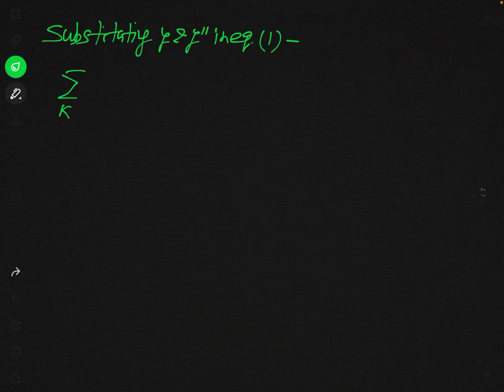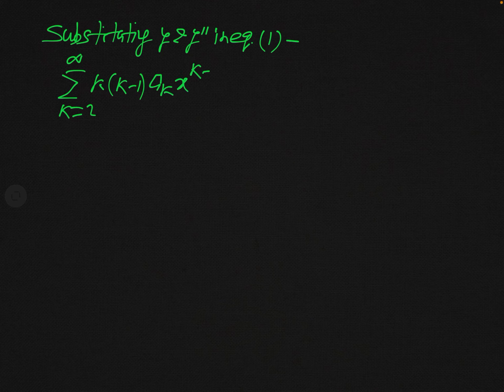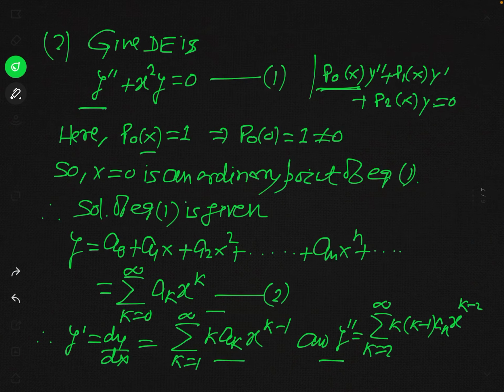So we will simply put summation k from 2 to infinity k into k minus 1 into ak x to the power k minus 2, and plus the second term of this equation, you can see here, this is x square into y.